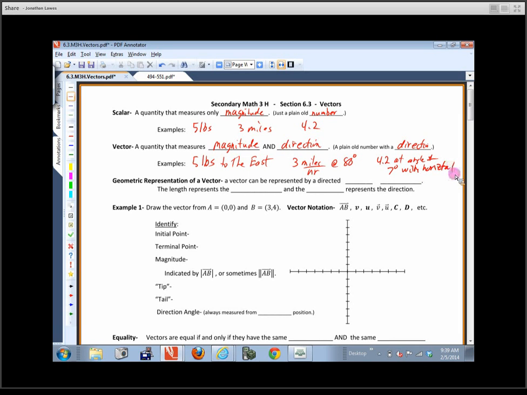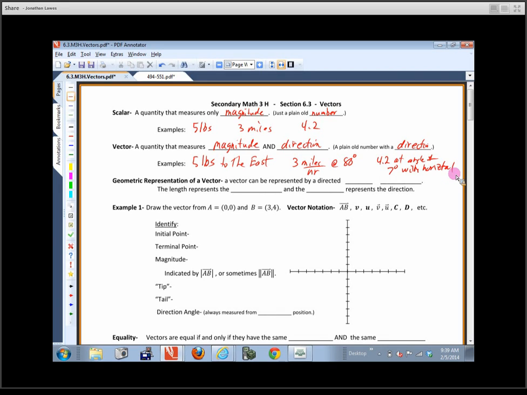As long as I give a direction to it, I've got a magnitude, how big something is. We normally use forces like pounds or newtons, or we use speeds like miles per hour, and give it a direction, then we've got something that we call a vector.